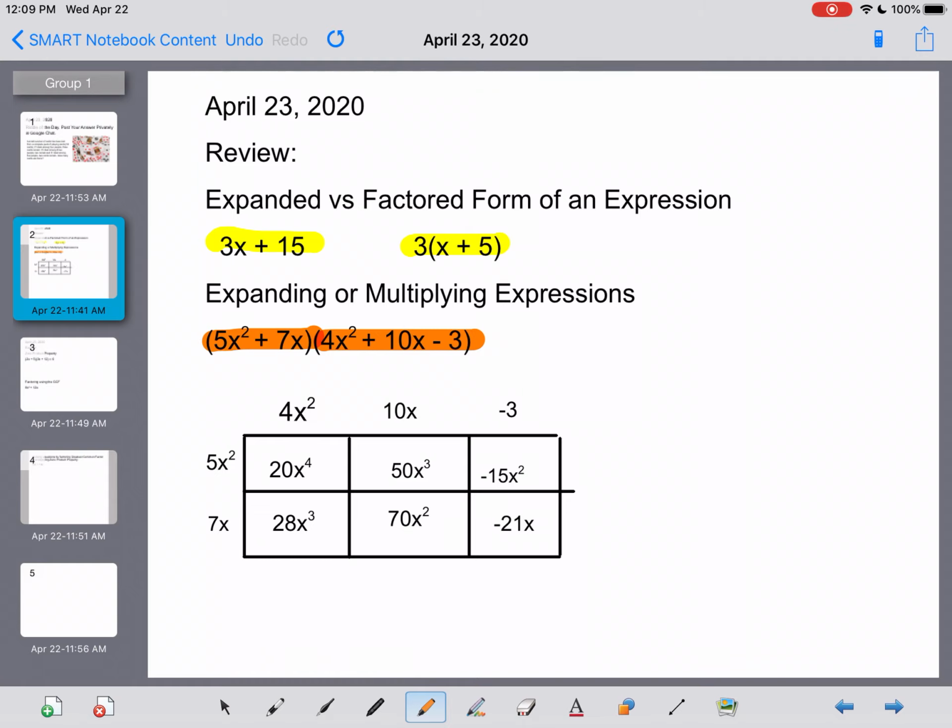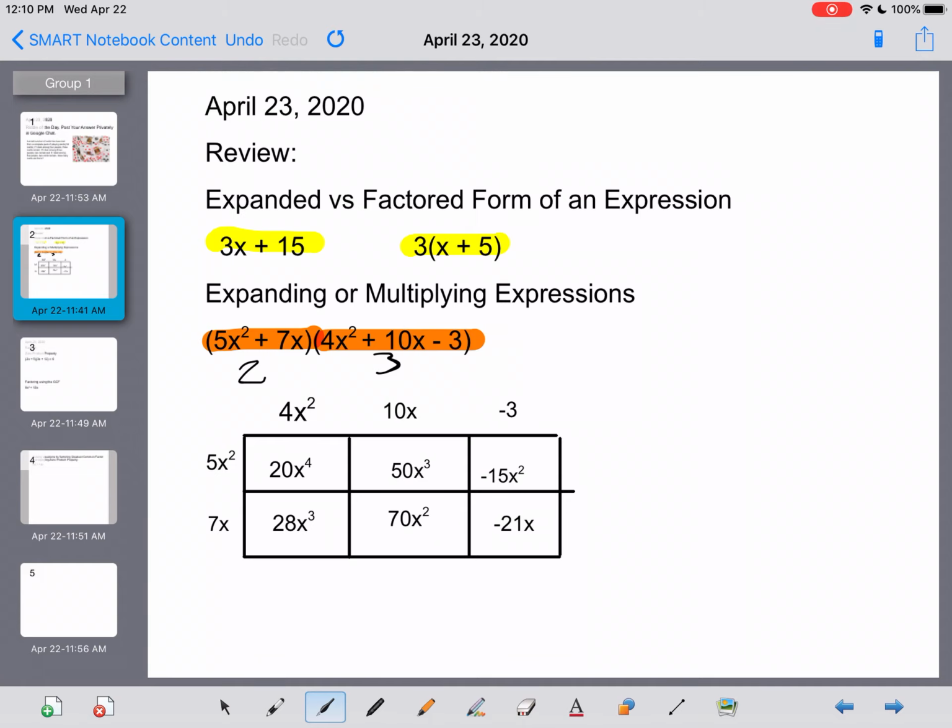So if you look at this, 5x squared plus 7x times the quantity of 4x squared plus 10x minus 3. Notice my expansion boxes are 2 by 3 because I have 2 terms in the first expression and 3 terms in the second expression. And then we multiply each of our boxes to find the product.